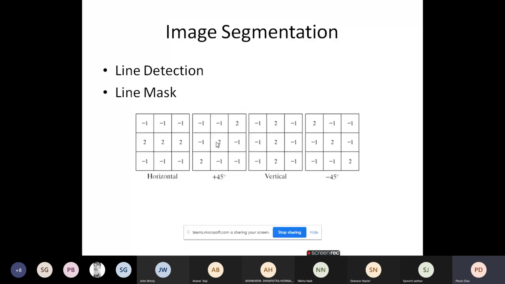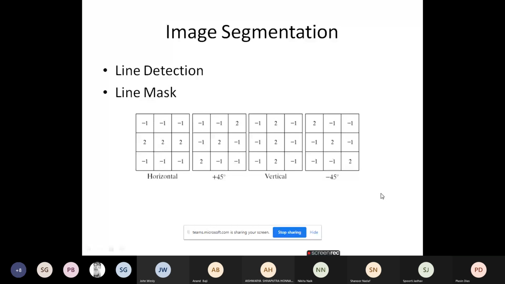Some of the important things that you have to remember for line detection that I'm trying to take up now are regarding the line mask. We speak of four different line masks: horizontal, plus 45 degree, vertical, and minus 45 degree. How will the mask values look for each line mask?